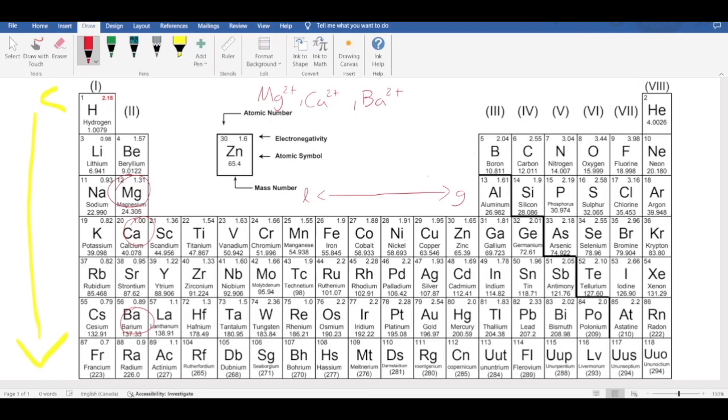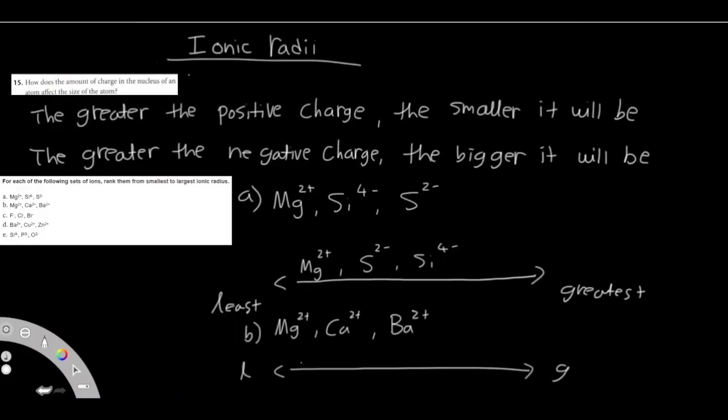We can just follow the trend. Mg would be up here, Ca would be after that, and Ba would be the largest, just by following the trend going downwards in the group. So if we want to analyze that, we have Mg, then Ca, and then Ba.